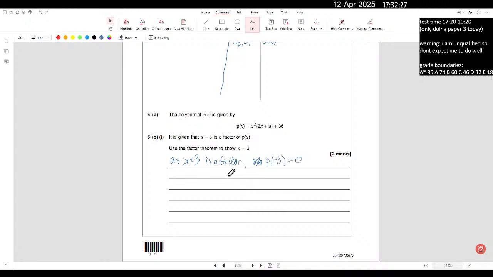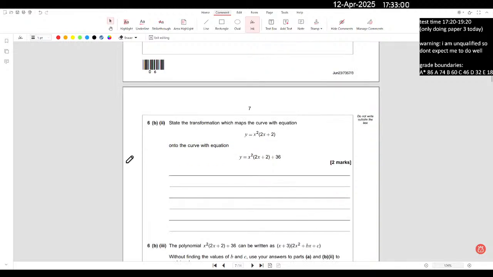Yeah, that's the way to put it. 9a equals 18, a equals 2. Oops. My pen kind of left the area there, so yeah, a equals 2.